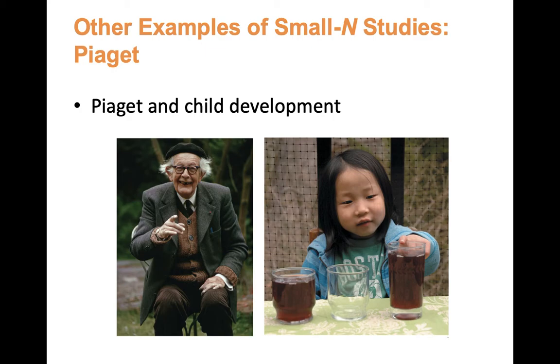It's also worth saying that while his research methods certainly weren't perfect, he did create a research technique that many developmental psychologists use. Basically it's his clinical method for interviewing children.